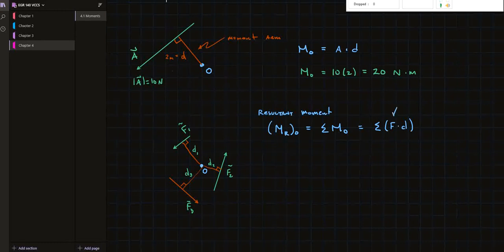Right now we're just talking about magnitudes here.